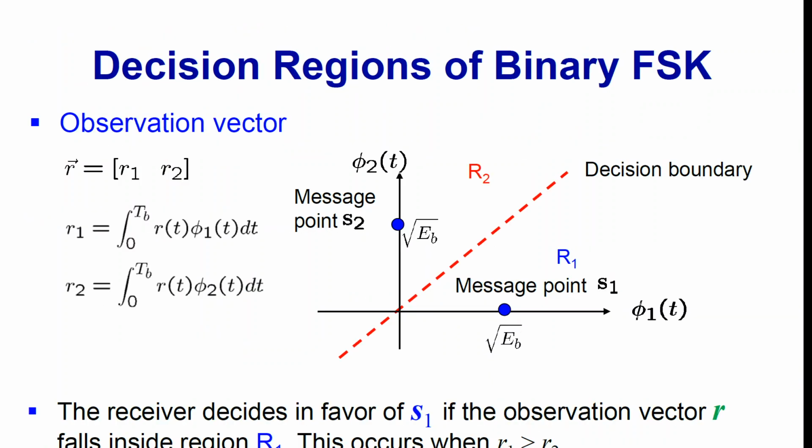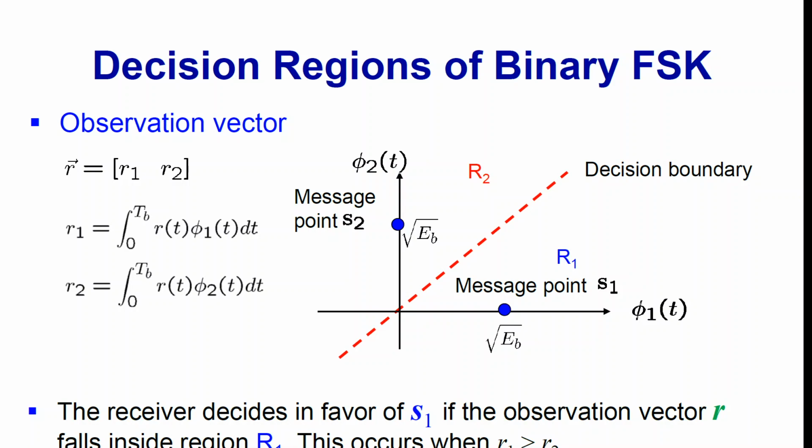Now to find the decision region, here we will use the ML rule. The ML rule is actually the minimum distance rule for an AWGN channel. For the minimum distance rule, the idea is to join these 2 points and draw the perpendicular bisector. That will be the decision boundary, giving 2 regions R1 and R2. All the points in R1 will be closer to point S1, or root EB, 0, and all the points in R2 will be closer to point S2, or 0, root EB.